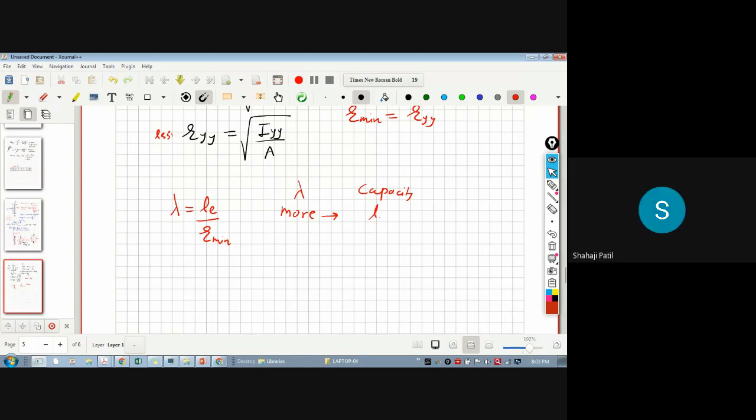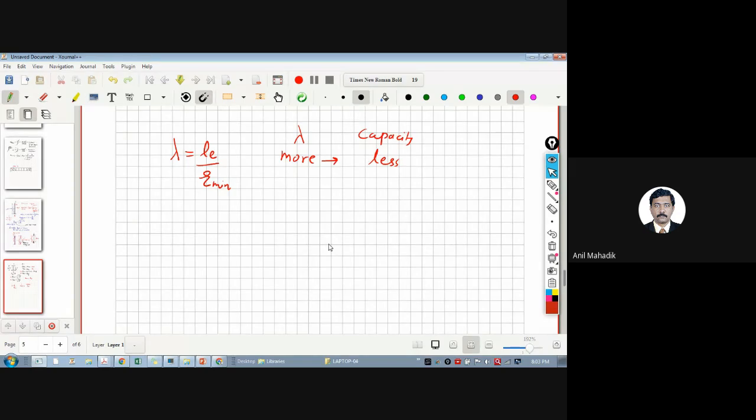Less. Simple. That means now there is one question. If length of the member is more, then capacity is less. Then if the R minimum is more, the capacity is more, because it is in the denominator.